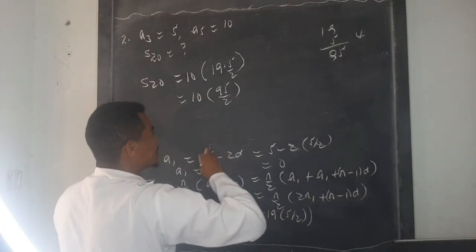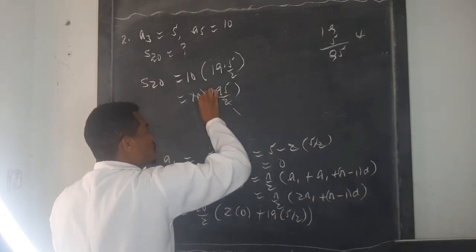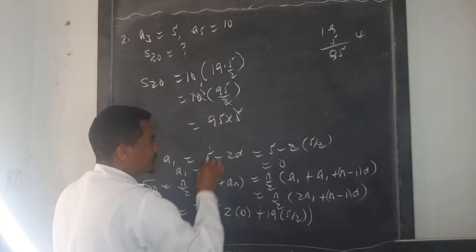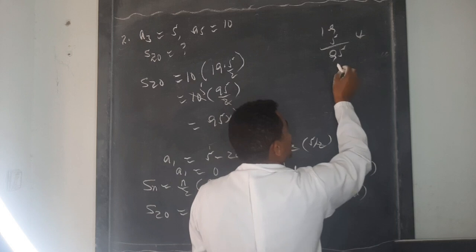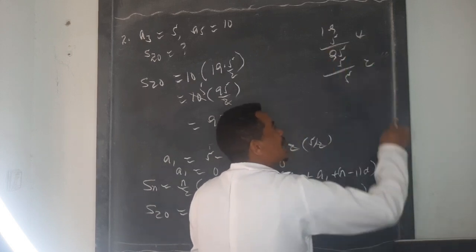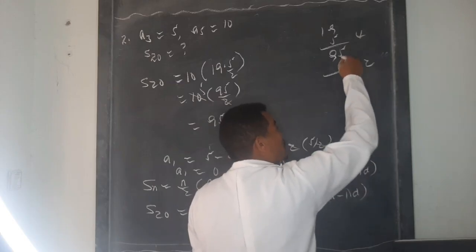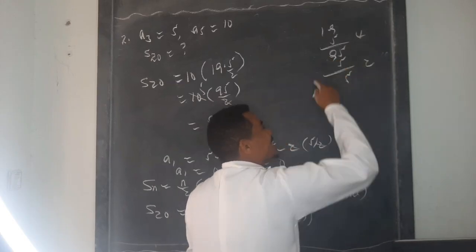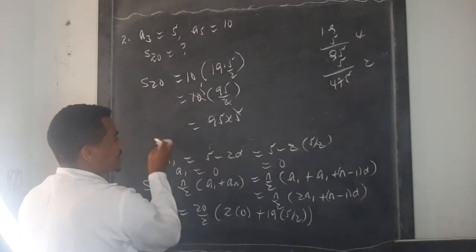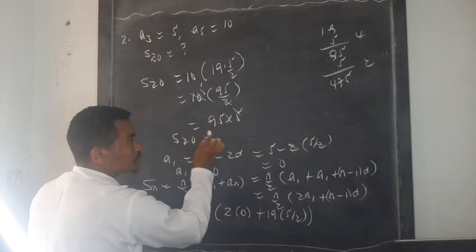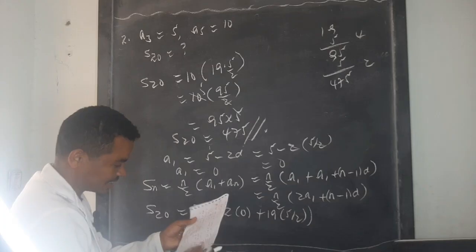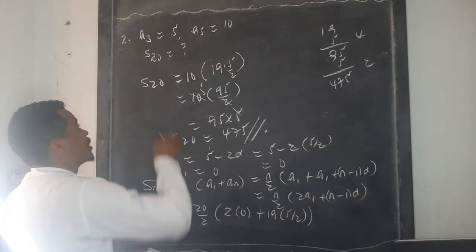Simplifying 10 over 2 gives 5, so this is equal to 95 times 5, which is 475. So S20 is equal to 475. For that reason the answer is A.